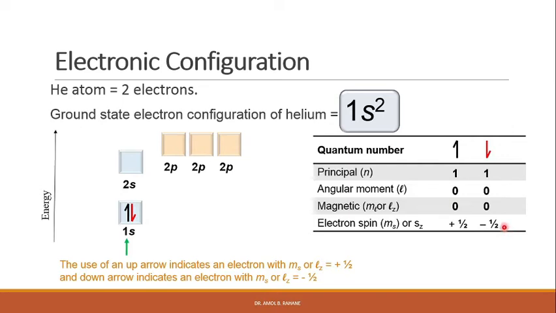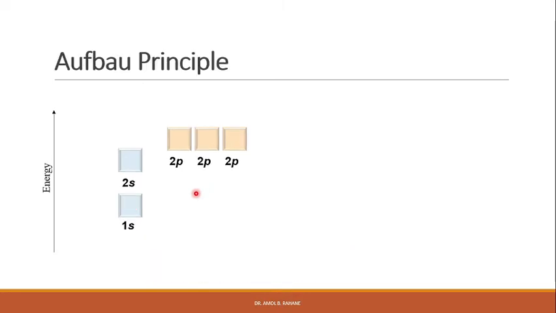Now the question arises when the third electron comes into the picture. It cannot be placed in the same orbital with the same values of n, l, ml and ms, right? It has to be placed into some other orbital, and the choice is determined by another rule known as the Aufbau principle, right?